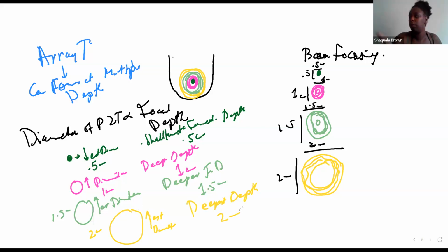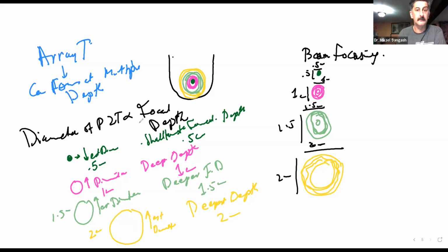Yes. Right, okay. So the concept that the annular phased array transducer uses to be able to focus at greater and greater or multiple depths is based on the concept that the diameter of the PCT is directly proportional to the focal depth, which means the greater the diameter of the PCT, the greater will be the focal depth.